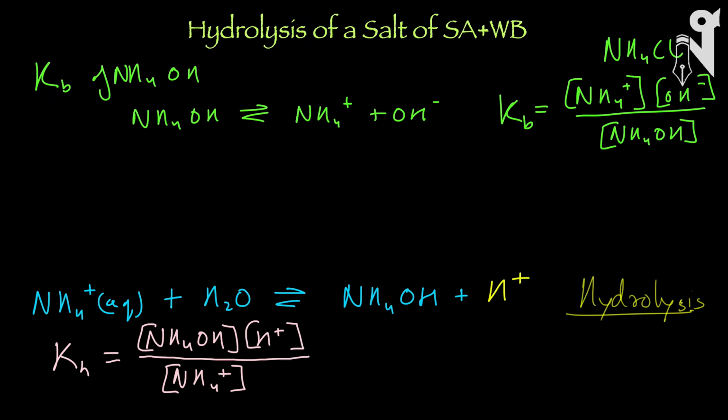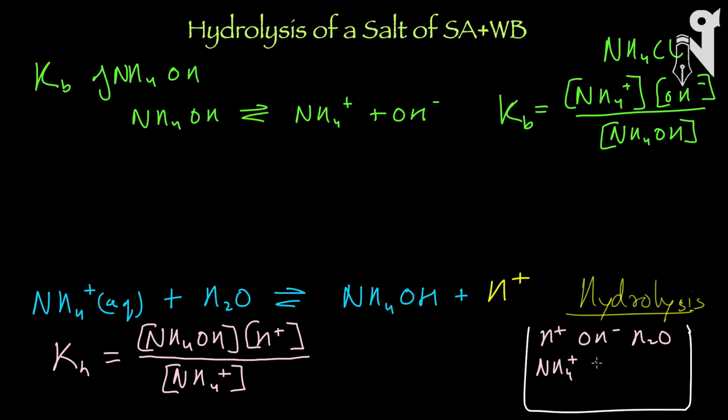As I always draw, I'll draw again what all is there in the solution. You have H plus, you have OH minus, you have H2O, you got NH4 plus from the salt, you got Cl minus from the salt, then NH4 hydrolyzed in the cationic hydrolysis and it formed NH4OH. Right now I'm talking about the equilibrium which NH4OH, NH4 plus and OH minus is going to hold.